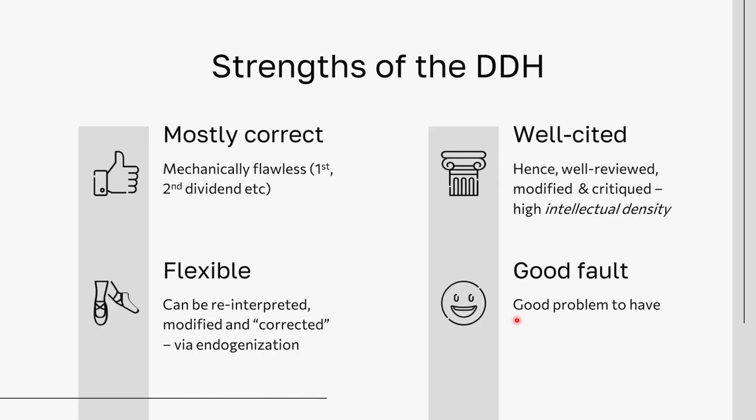So it's a good problem to have, right? 99% of the dividend hypothesis is correct. It makes one very minor and rather technical error in the use of an exogenous model versus an endogenous model. And overall, a good problem to have, one that can be fixed, one that through modification can get us a better model.